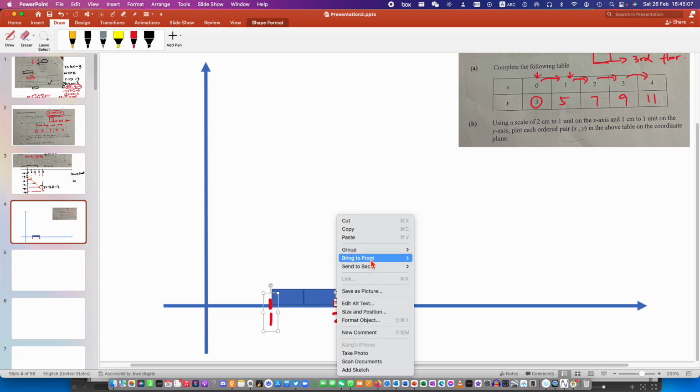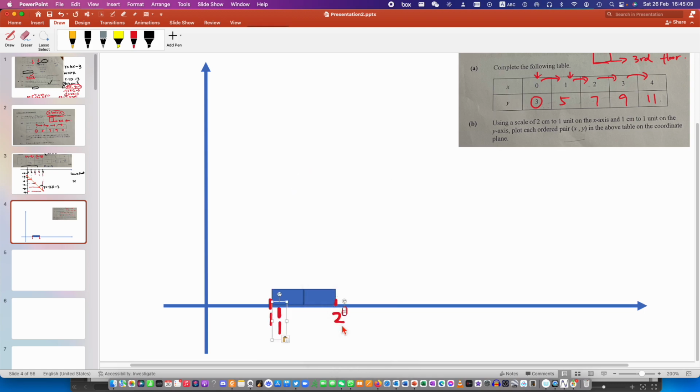Like I say, you can use technology. Three, 4. Start from 0. This is my x. So I have covered 0, 1, 2, 3, 4. Done for x. 2 cm to 1 unit.